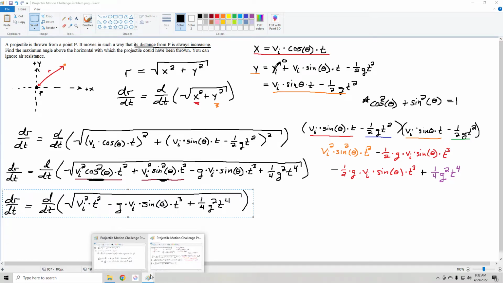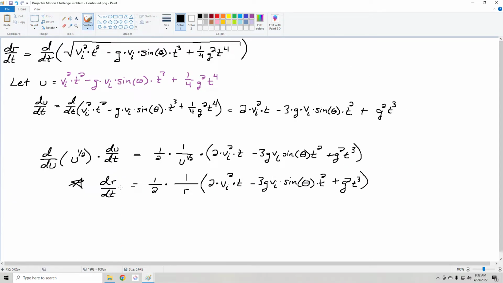The rate of change from the point P to the projectile is always increasing. How can we mathematically show that? Well, that means that it has to be greater than 0. It can't be greater than or equal to 0, because that would mean it would be increasing or remaining the same. It has to be specifically greater than 0.